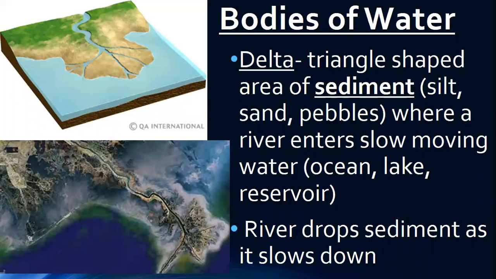Now remember, streams move by gravity, and so upstream they tend to be higher above sea level, thus moving more quickly than they are when they get down to almost exactly at sea level. Here is our third order stream. Remember, it's fresh, and then it's brackish, and then it's going to end up out in a saltwater body.